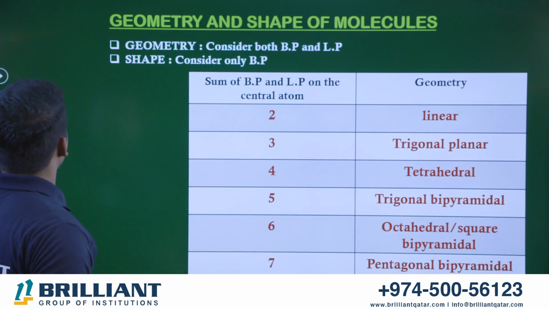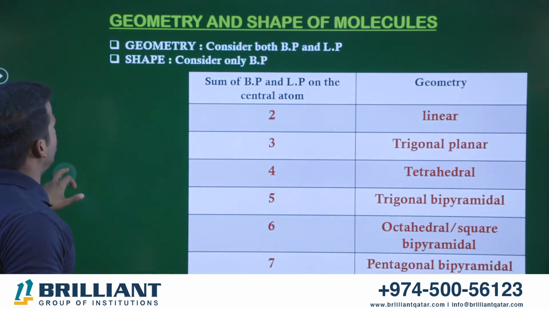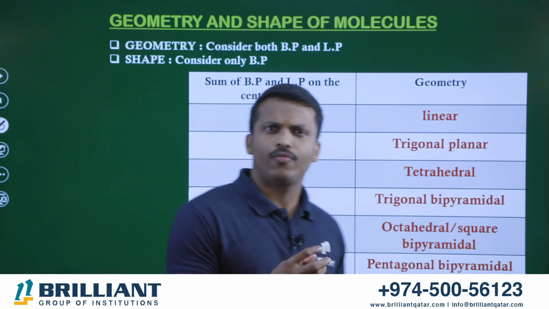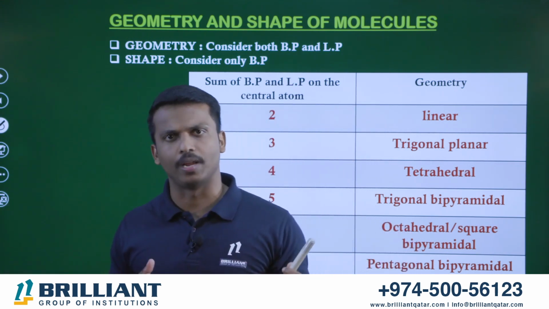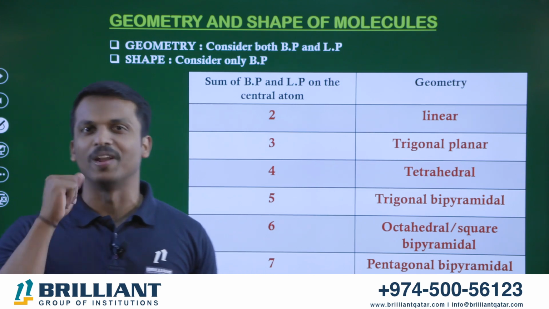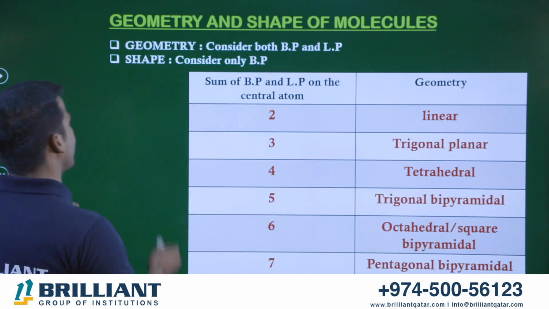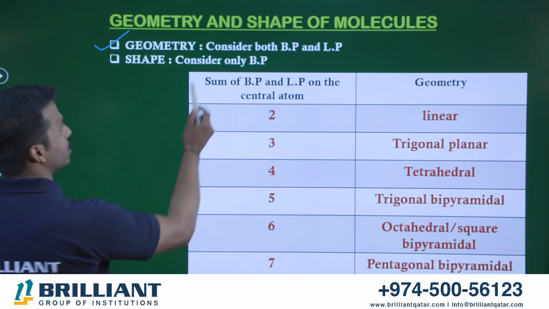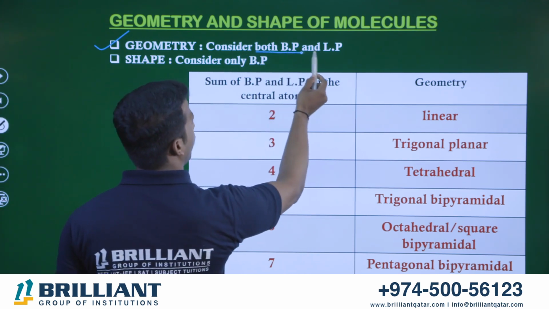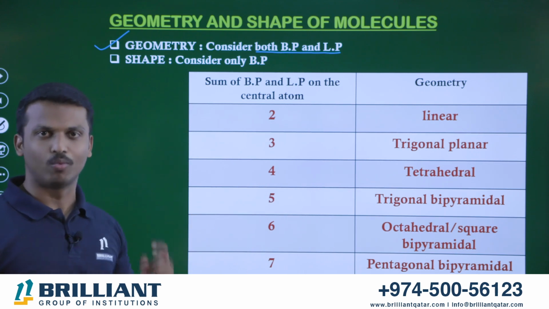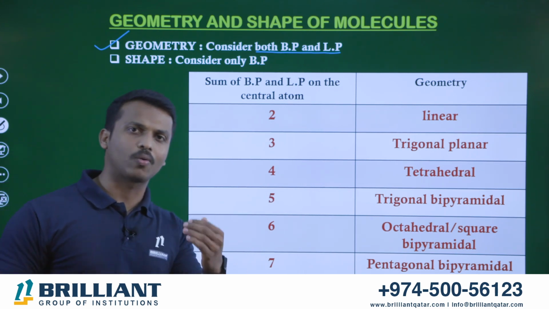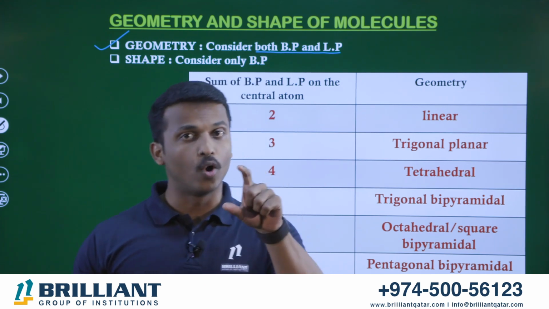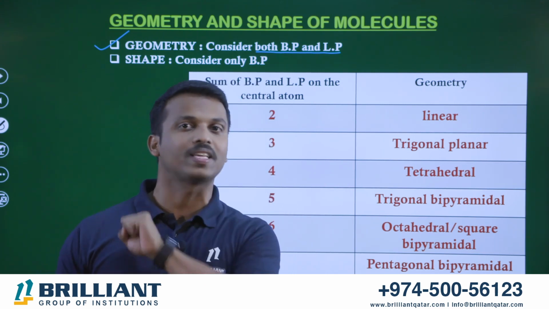Next one: how to find out the geometry and shape of a molecule. You may think, what is the difference between geometry and shape? Both are the same, right? No, there is a small difference. When you calculate the geometry of a molecule, you have to consider both bond pair and lone pair on the central atom.